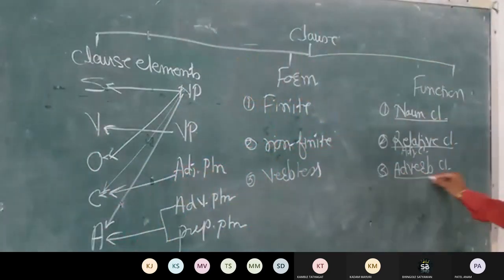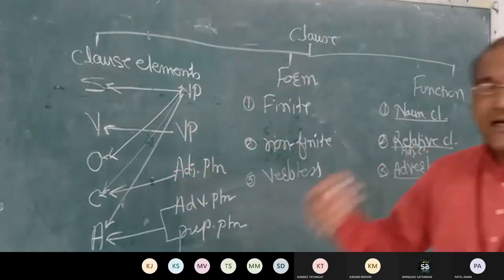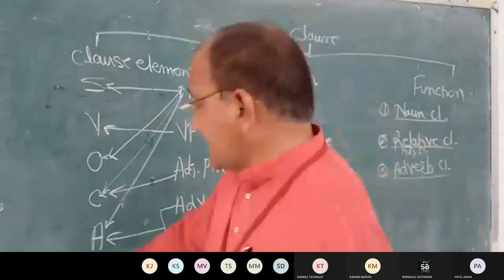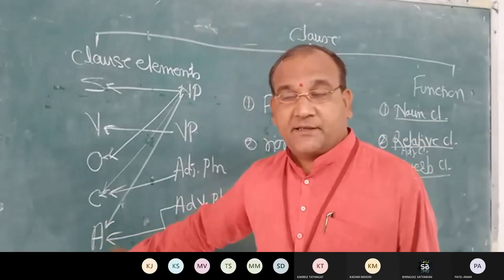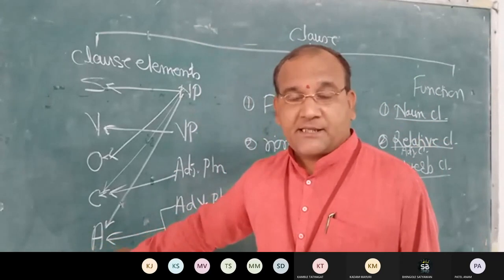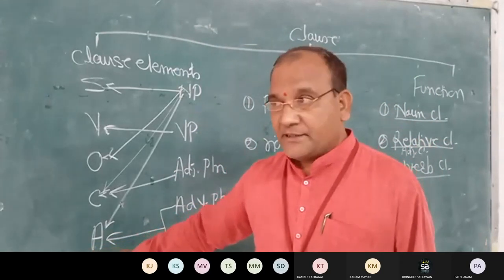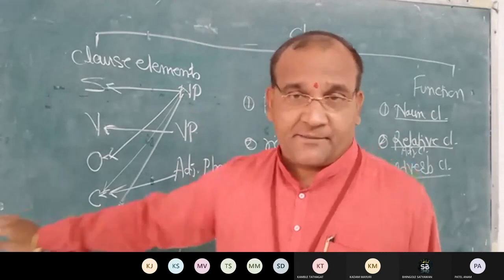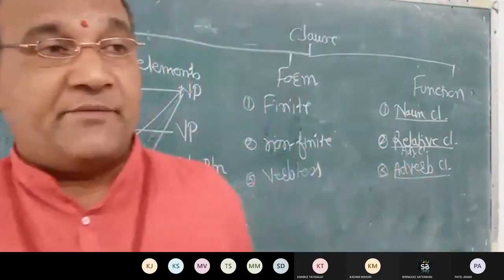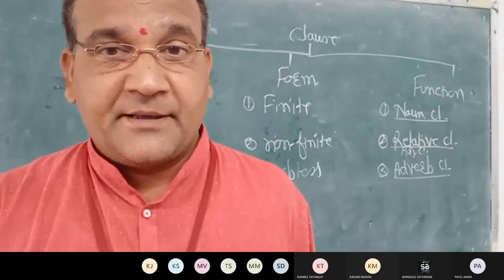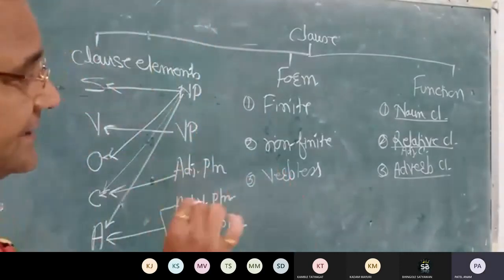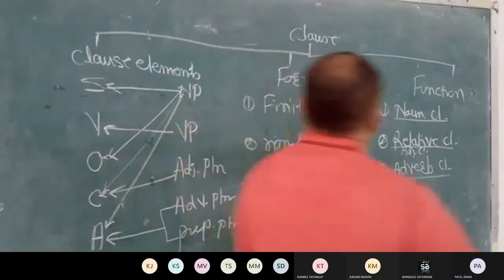It just occurs as a post modification of an NP. An adverb clause functions like an adverb. Like an adverbial, it also provides circumstantial information regarding time, place, manner, condition, reason, etc. So these are the types of adverb clauses. Clear? What I said regarding the relative clause?